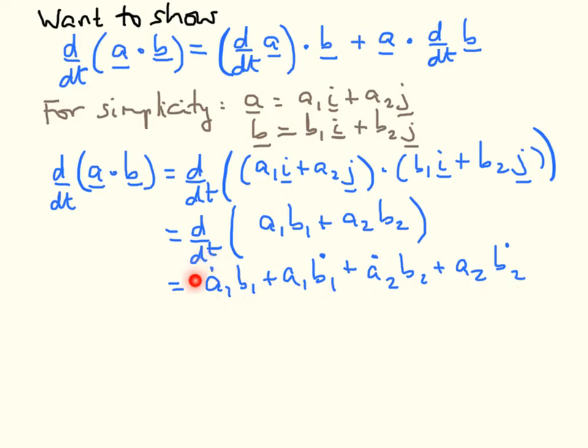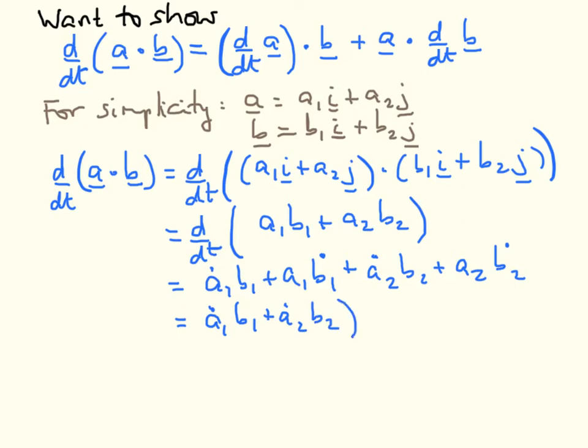So here we have a term where the a is being differentiated, and here we also have a term where part of the a vector is being differentiated. So let's put those together. And these two terms were differentiating bits of the b vector, so let's put those together. So what we obtain is a1 dot b1 plus a2 dot b2.